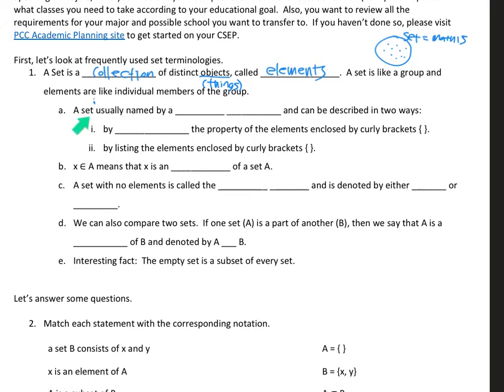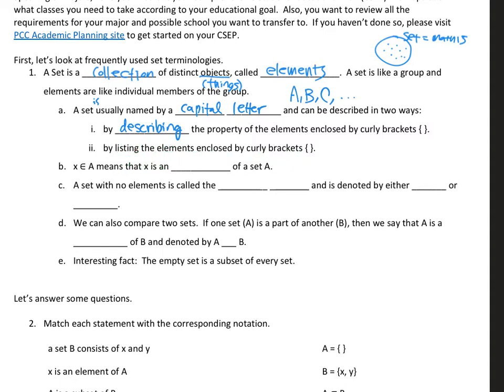A set is usually named by a capital letter, capital letter A, capital letter B, capital letter C, and so on and so forth. It can be described in two different ways: by describing the property of the elements enclosed by curly brackets, or by literally listing the elements enclosed by curly brackets.